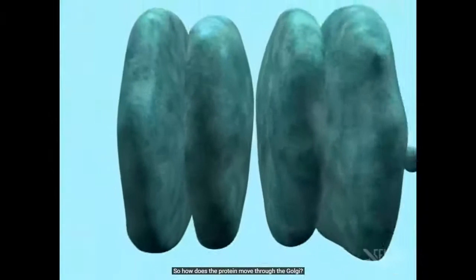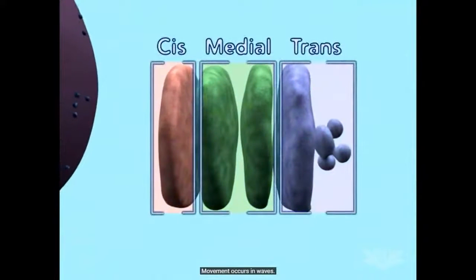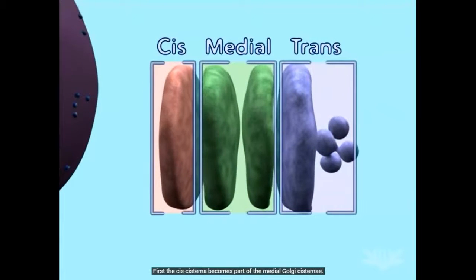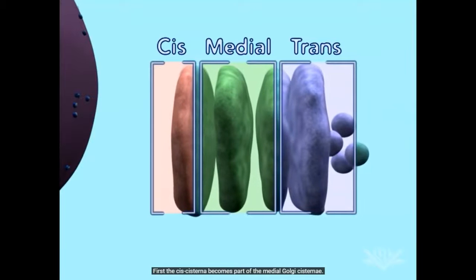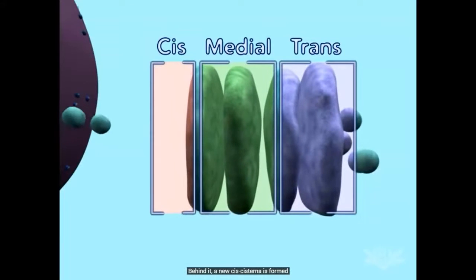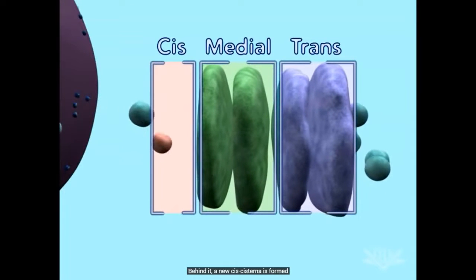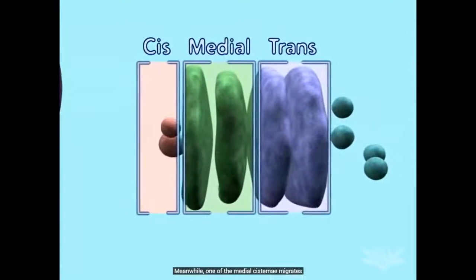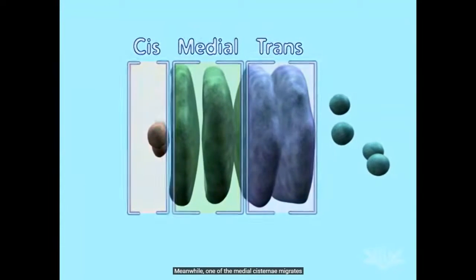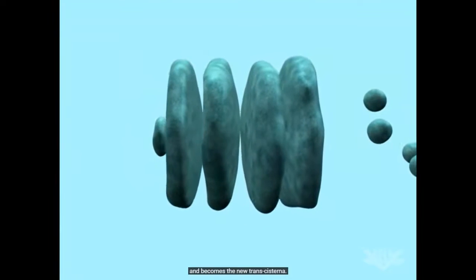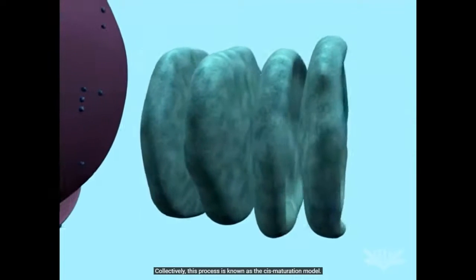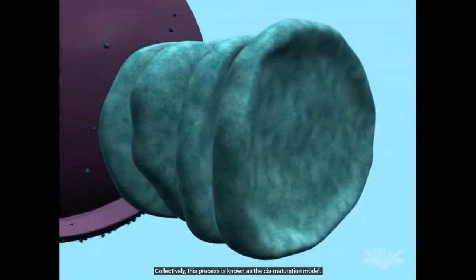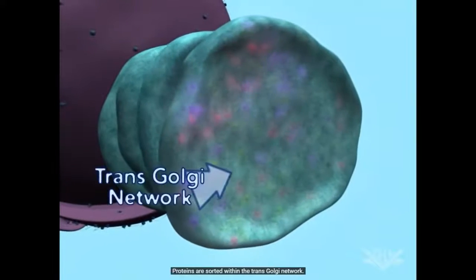So how does the protein move through the Golgi? Movement occurs in waves. First, the cisterna becomes part of the medial Golgi cisternae. Behind it, a new cis cisterna is formed by the fusion of vesicles from the ER. Meanwhile, one of the medial cisternae migrates and becomes the new trans cisterna. Collectively, this process is known as the cis maturation model.